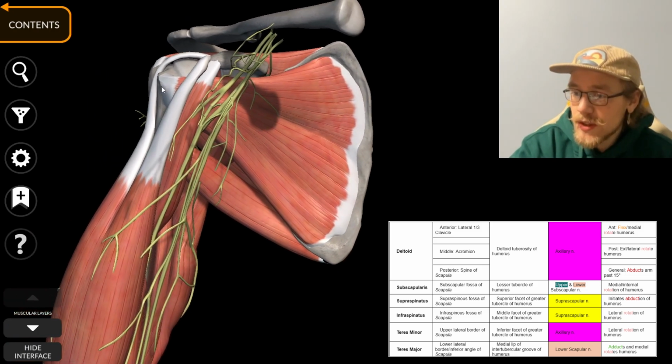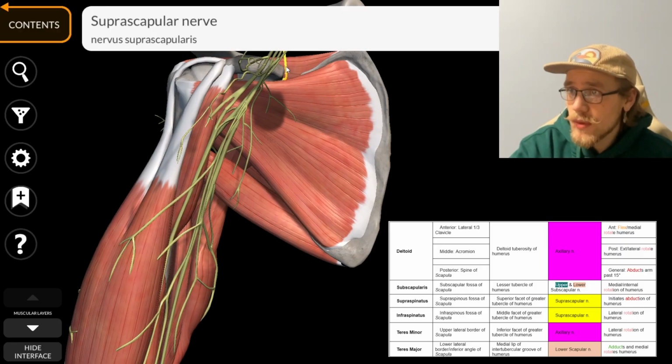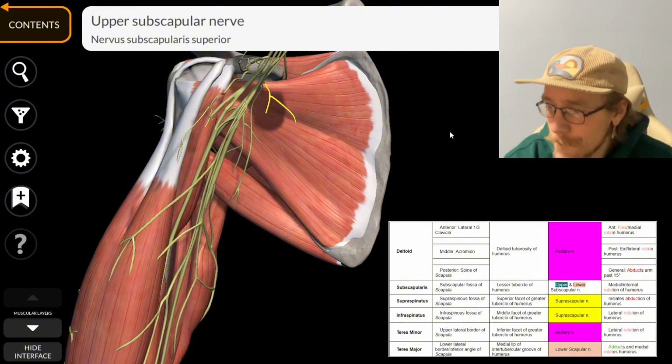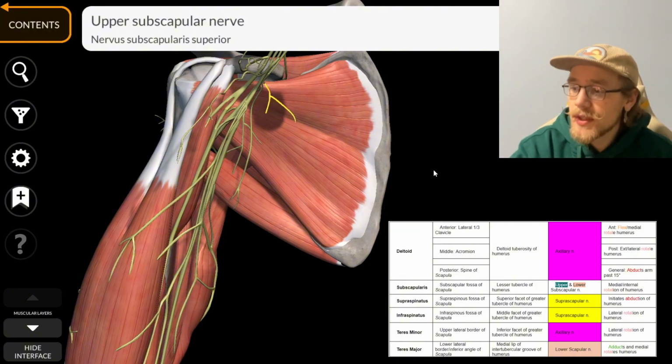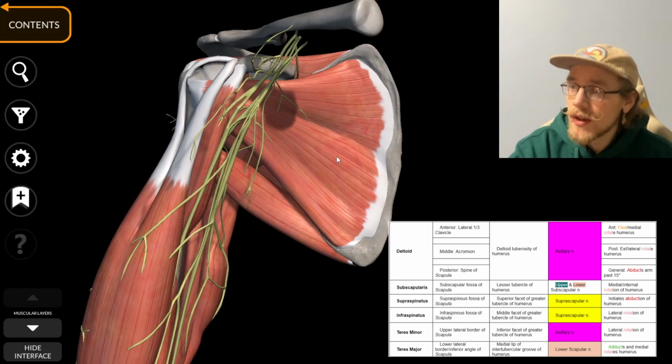It will be innervated by the upper and lower subscapular nerve. That's the subscapular nerve right here, upper and lower subscapular nerve. And it is going to medially and internally rotate the humerus. So we can imagine those fibers doing that would cause that there.